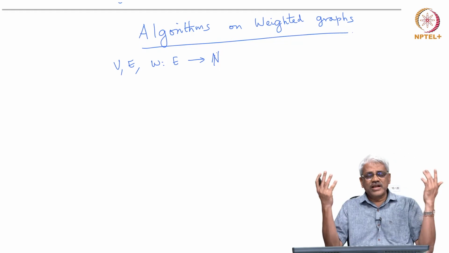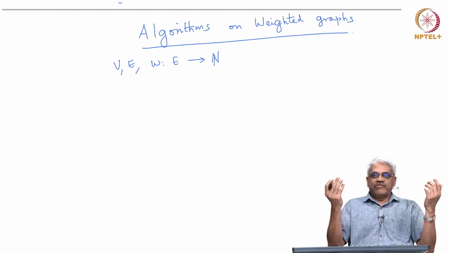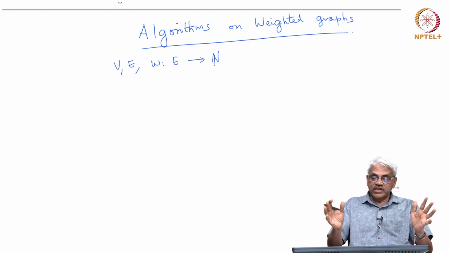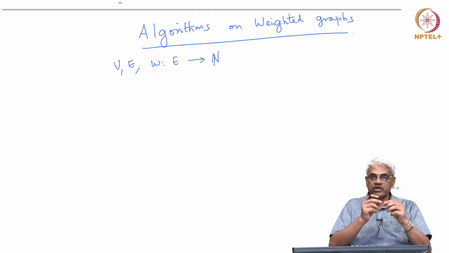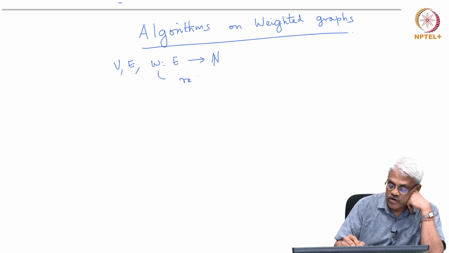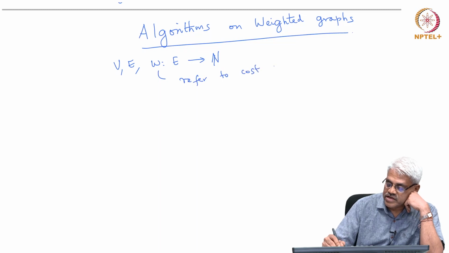Could be real numbers, you could have negative numbers, but for our purpose, let us stick to positive numbers on the weights, and these weights refer to cost or distance depending on your application.